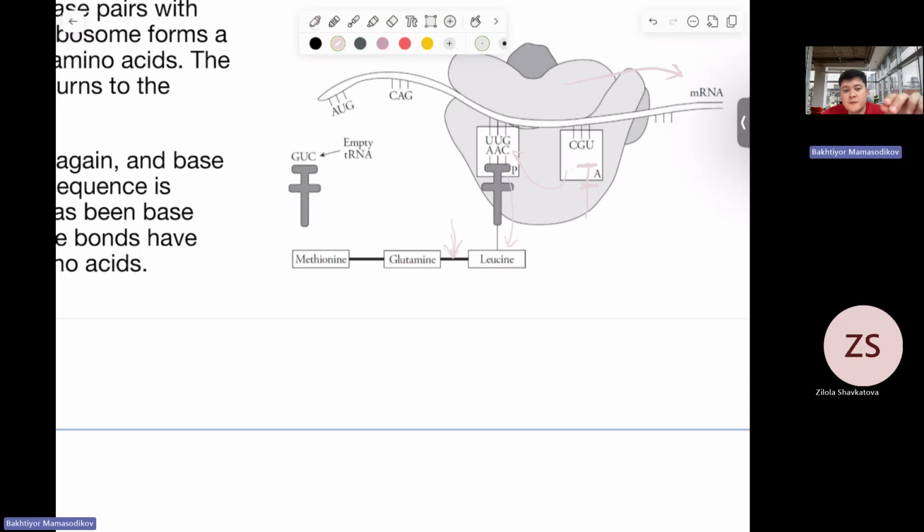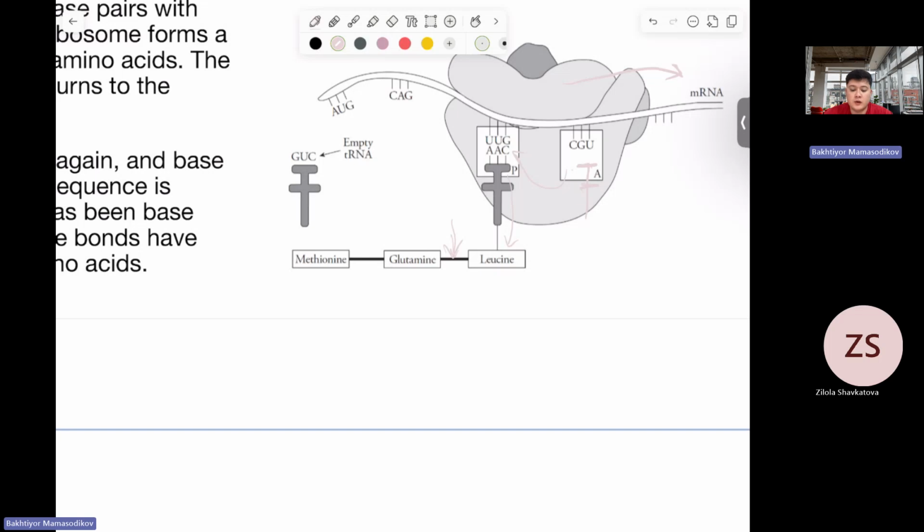The ribosome. Then the ribosome slides forward, translocating. The codon in the A site moves into the P site, and a new codon enters the A site again. This continues codon by codon like beads on a necklace.